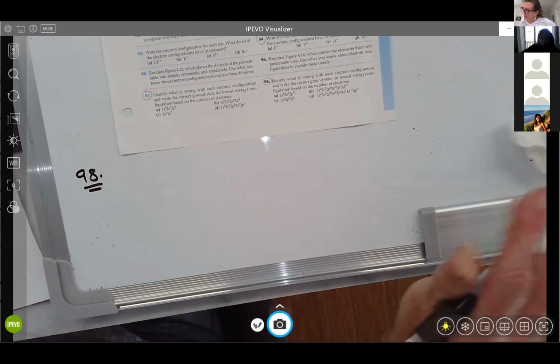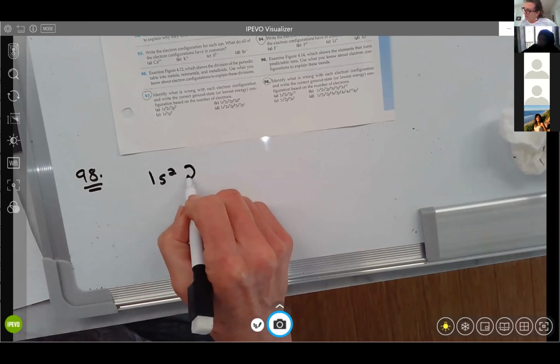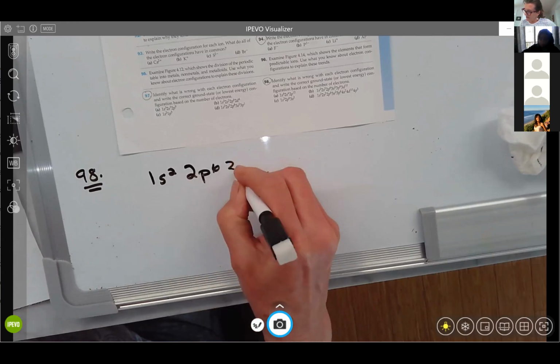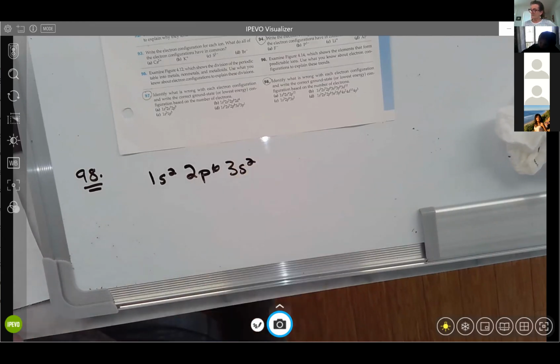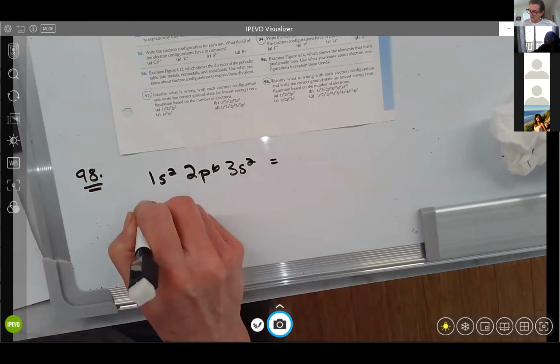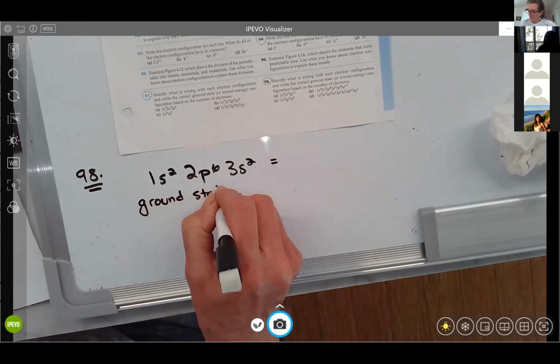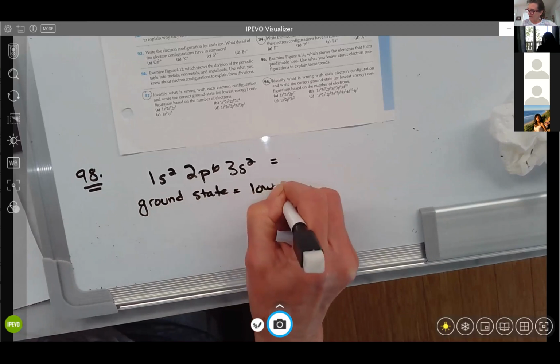Okay, what about 1s2, 2p6, 3s2? I think that was good to go. This one? So we want the ground state electron configuration. That means the lowest possible energy state.